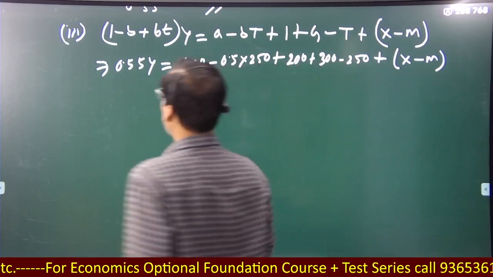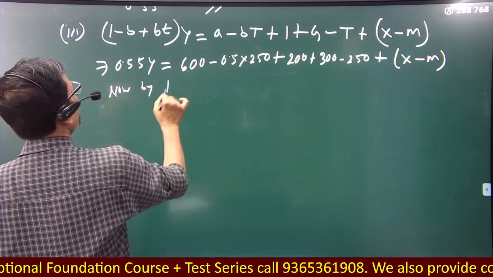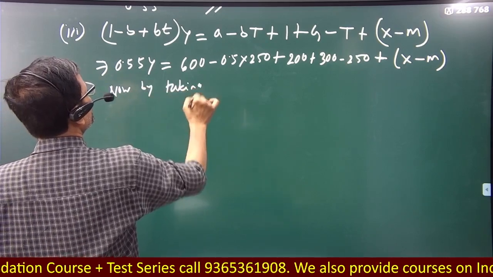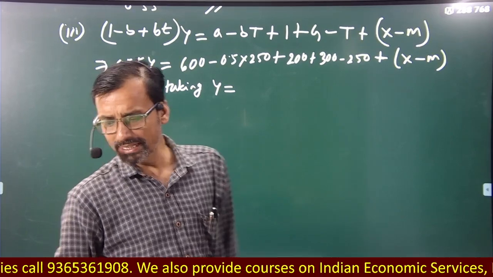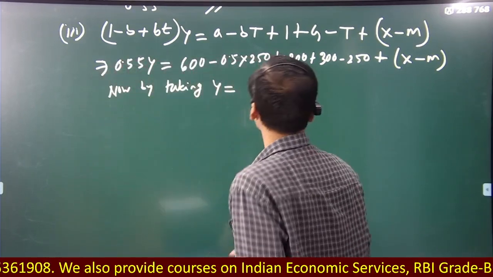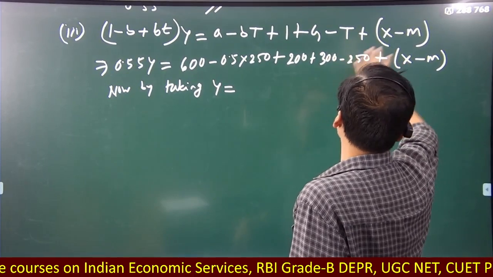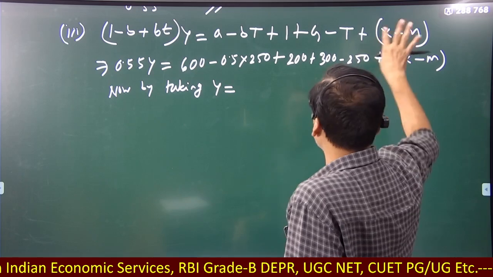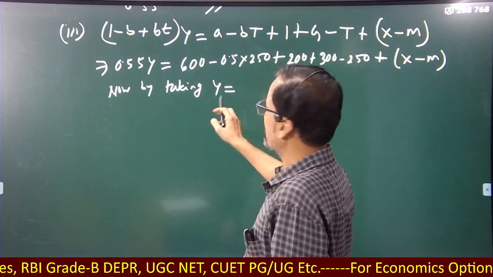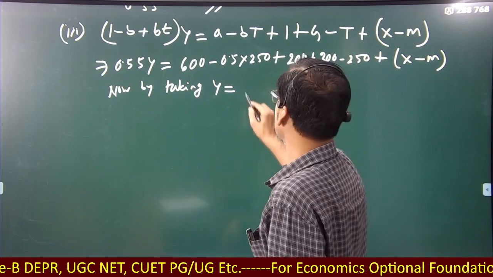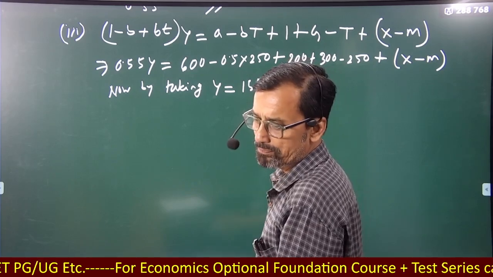Now by taking the earlier income, we have to show how much the net exports increase. So what is the earlier income? 1550. This much was the earlier income.